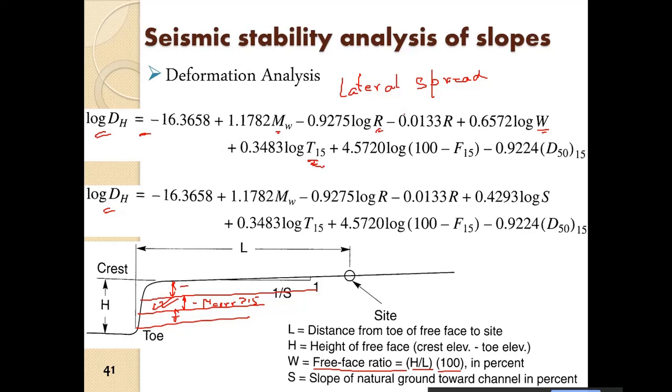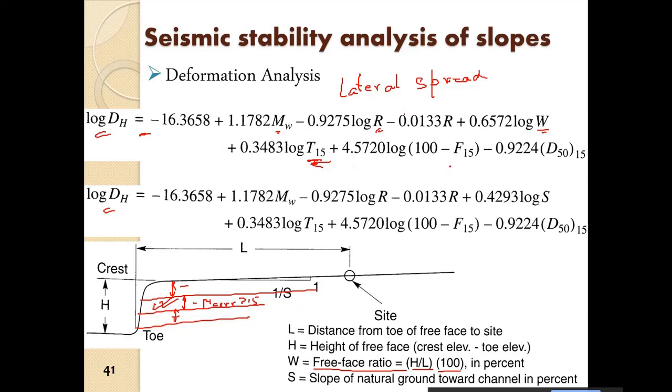It is the cumulative thickness of the saturated granular layers, and of course it has to be saturated, and the corrected N value has to be less than 15. So wherever the N value is less than 15, we add up the thickness of those layers. That is T15.